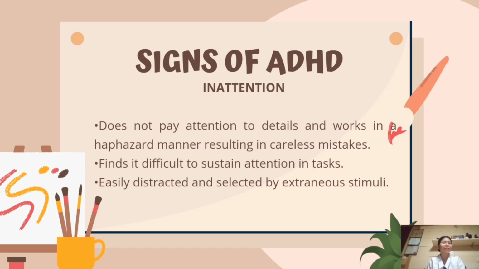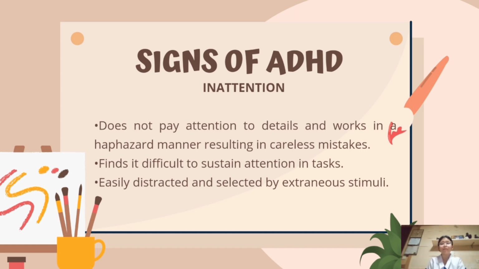So let us proceed to the signs of ADHD. Let us focus on inattention. First one, does not pay attention to details and works in a haphazard manner, resulting in careless mistakes. When we say haphazard manner, it is characterized by lack of order or planning.